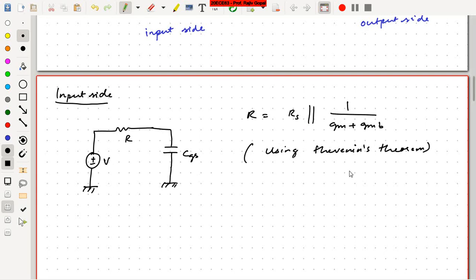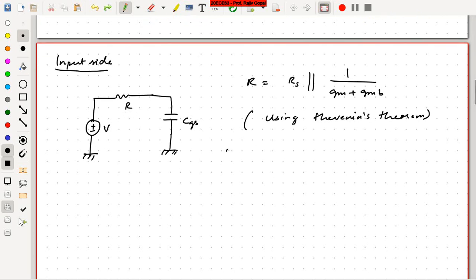I'm not worried about what the V value is. Why? Because in my time constant tau for my resonant frequency, tau is equal to RC, right? I'm not going to get voltage there. So it doesn't matter what V is. So from this, I can write tau as R into CGS, which is RS parallel 1 by gm plus gmb into CGS.